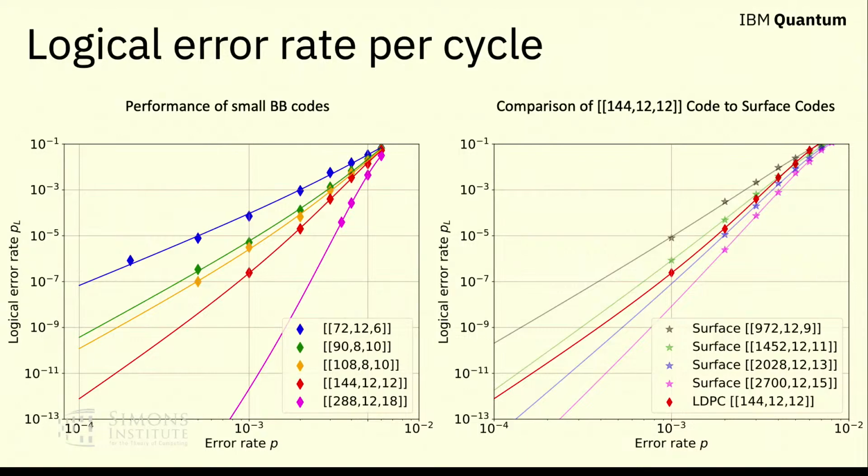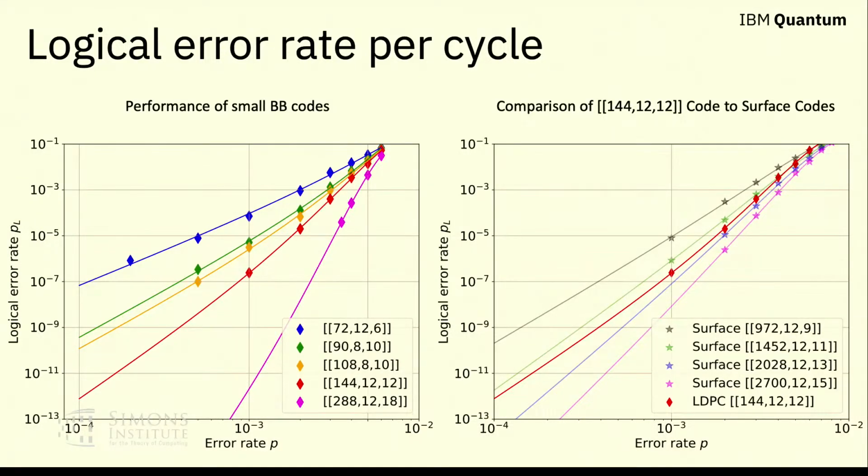So it's between the distance 11 and the distance 13 surface code. That kind of makes sense because it's a distance 12 LDPC code, although our circuit distance is only 10. So you can explain this flattening out at low logical error rates as due to the circuit distance being less than the code distance.